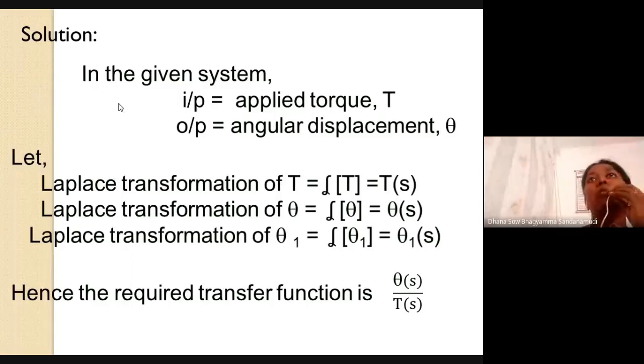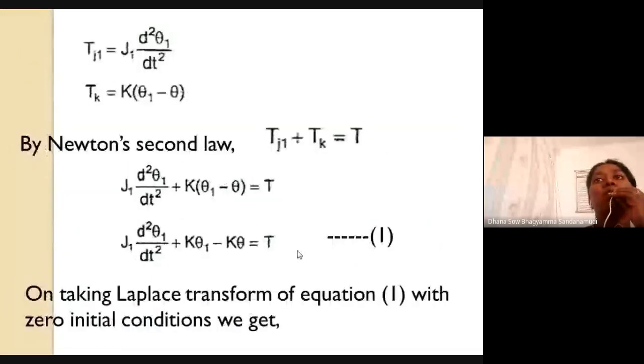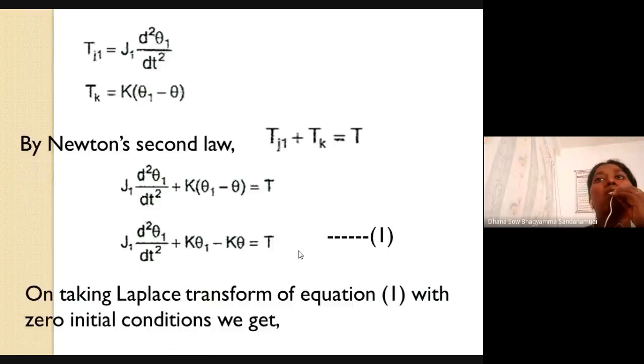The input applied is T, the angular displacement is the output. Laplace transform of T is T of s, theta is theta of s. Since there are two nodes, we are considering two displacements.